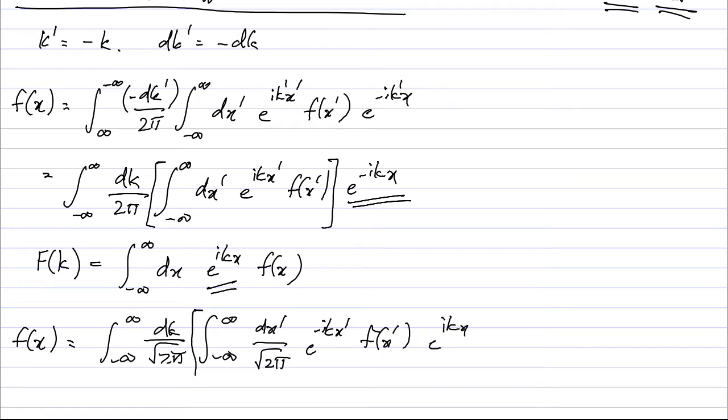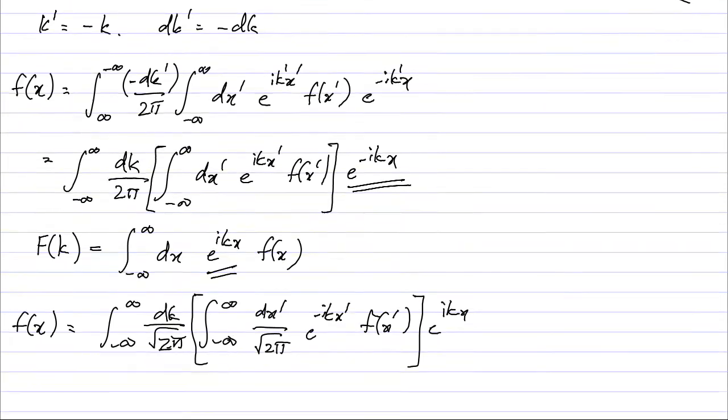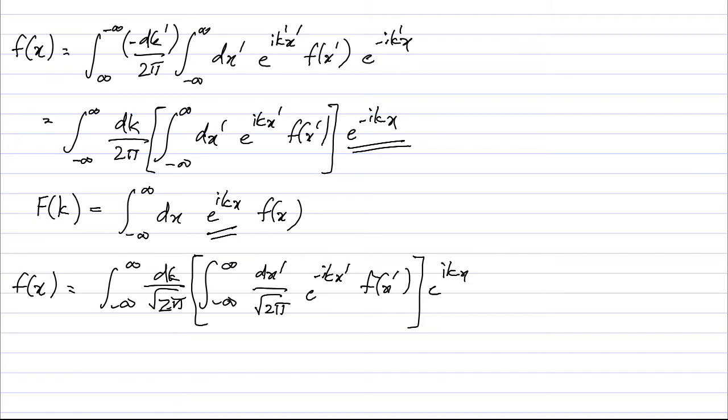So then they define this thing in the square brackets as a Fourier transform. The inverse Fourier transform then, instead of containing 1 over 2 pi, contains 1 over square root 2 pi. So there are different conventions. You just have to be careful about which one you are following, and you have to be consistent throughout. The important thing is that the Fourier integral theorem has to be obeyed.